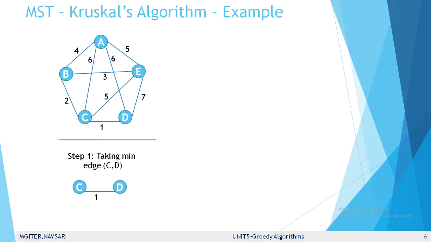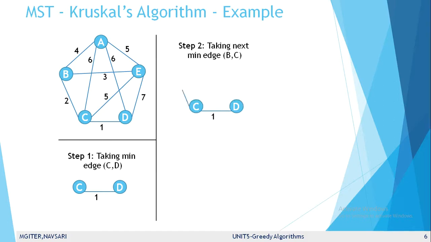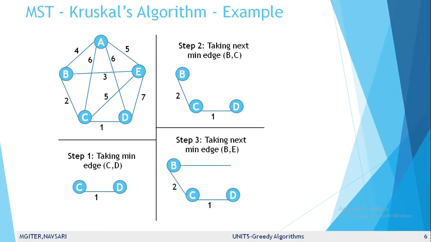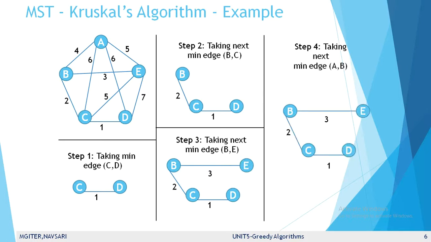Now second, we select any edge with the minimum weight. Now we select the second edge, that is B to C, and in the third step we select the edge B to E, and then we select the edge A to B with the weight of 4. So here we form the minimum spanning tree which contains all the vertices.